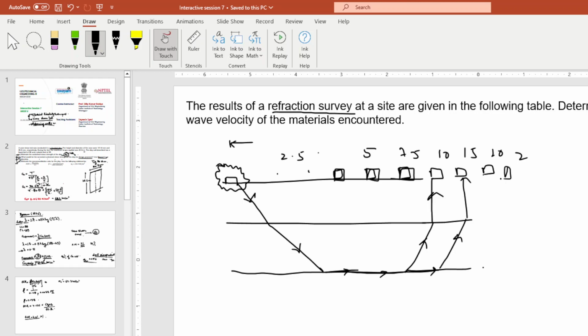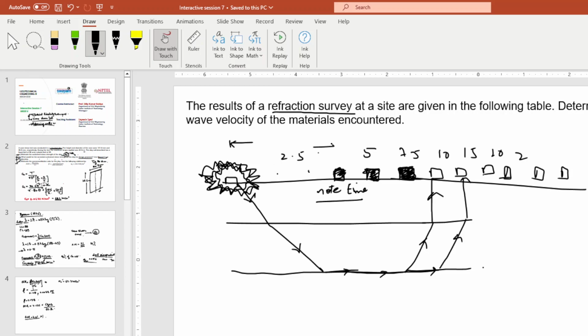And at all these receptors, after I have made this hammer blow, I don't calculate, I note the time.